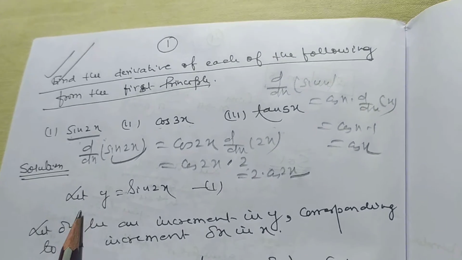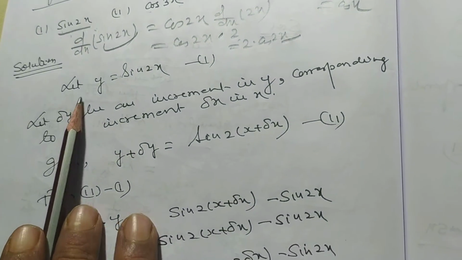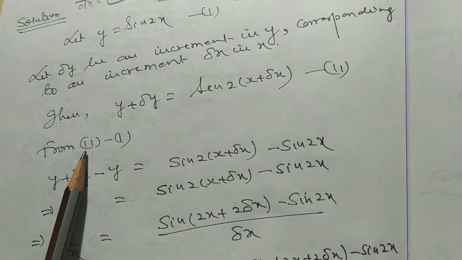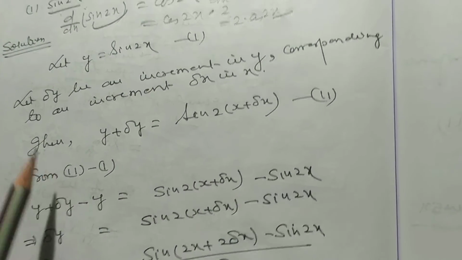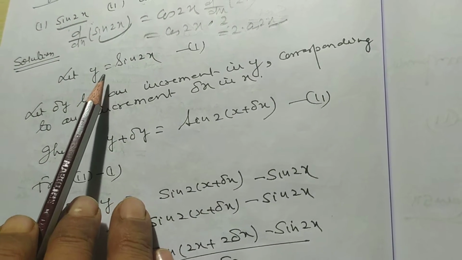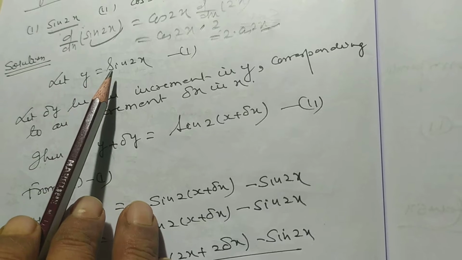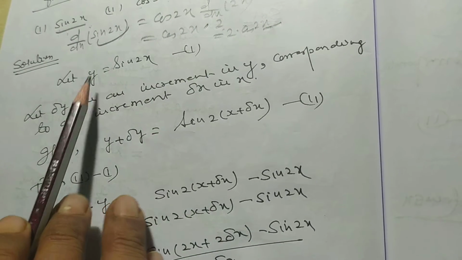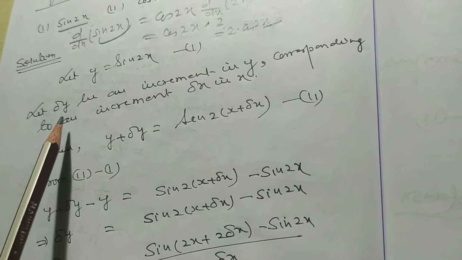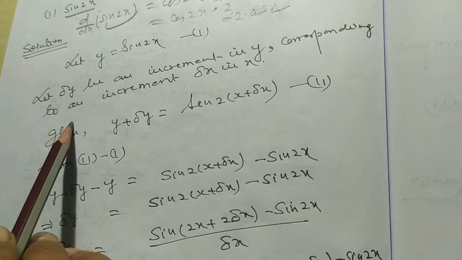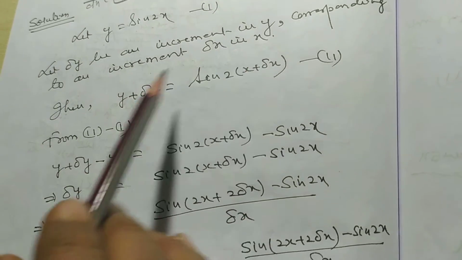So here we have to differentiate y is equal to sin 2x. In any problem you solve, first write the function whose differentiation you have to find from first principle, that is y is equal to sin 2x. Let delta y be an increment in y corresponding to an increment delta x in x.